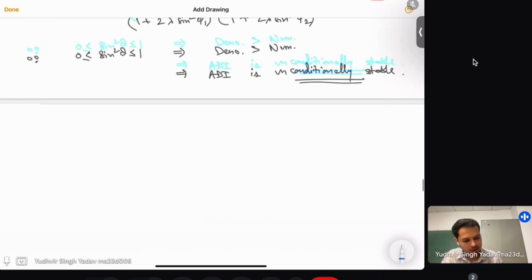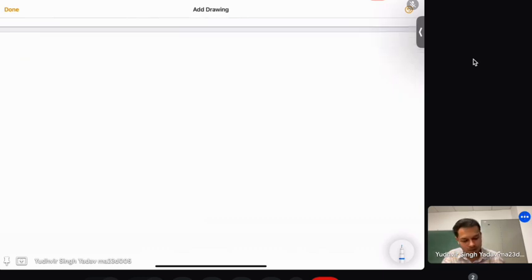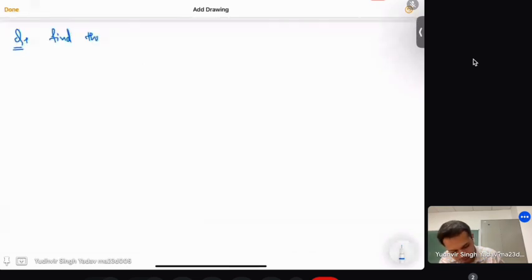Now we will see some problems on this method. So let us consider a question. Find the solution of the two-dimensional heat equation.